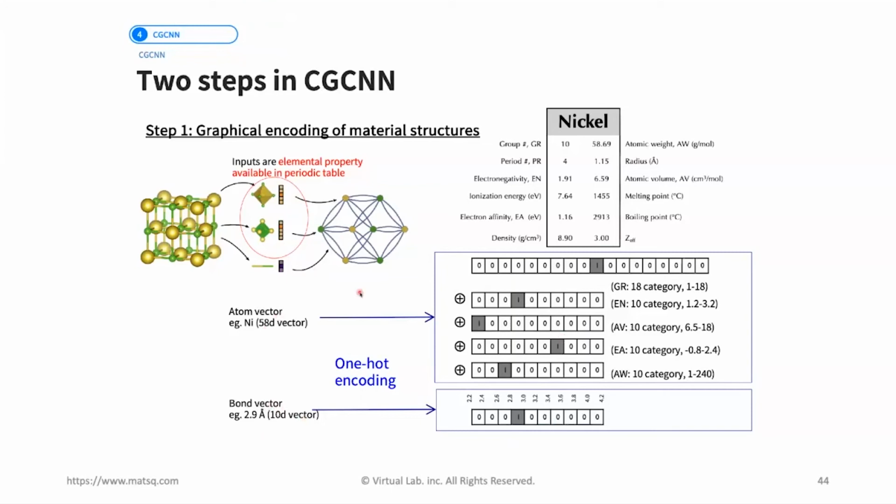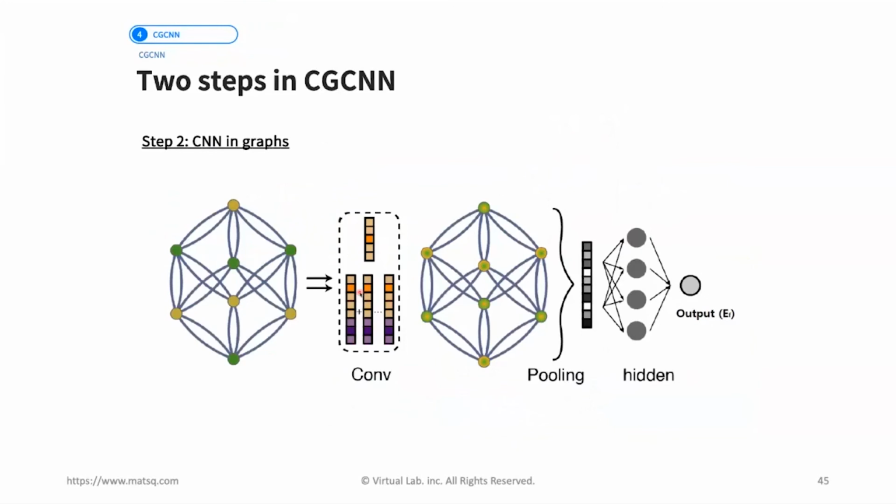Step 2: the graph's connectivity information does not change, all right? Only the color changes, you can see yellow to green. We call this the feature vector, yellow to green. The feature vector values have changed, but the shape has not. This is the main key concept of CGCNN.